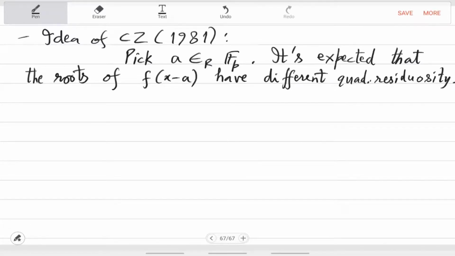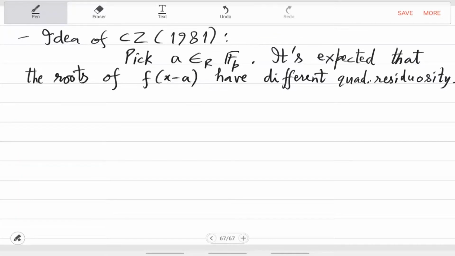Say the original roots were alpha 1, alpha 2. New roots are alpha 1 plus a and alpha 2 plus a. And say these two roots have opposite residuosity: one is a square, the other is a non-square.